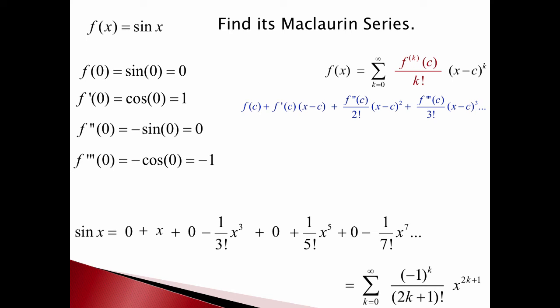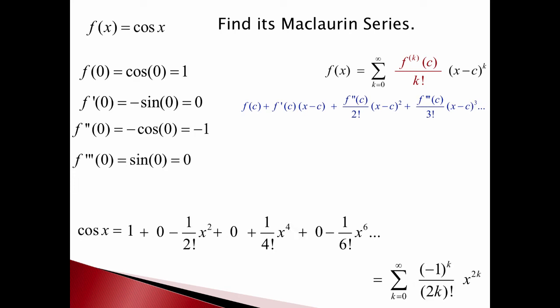One thing you might notice here is sine has only odd powers in its Maclaurin series. And if we go back a step to cosine, remember that it only had even powers in its Maclaurin series. So does that strike anybody as weird? Well, it's not weird if you remember that cosine is an even function and sine is an odd function.